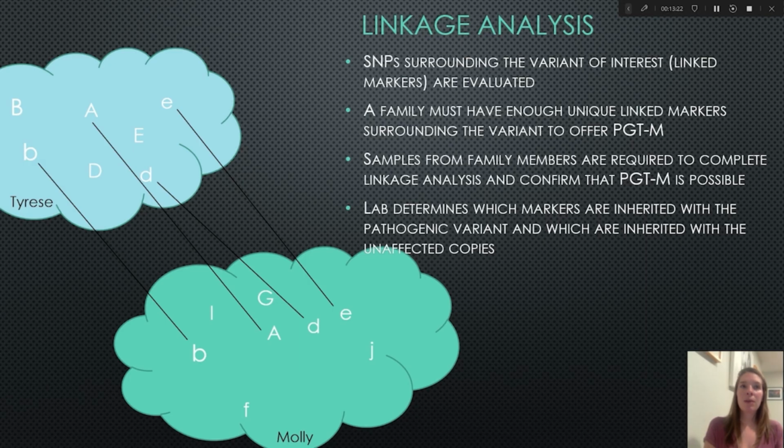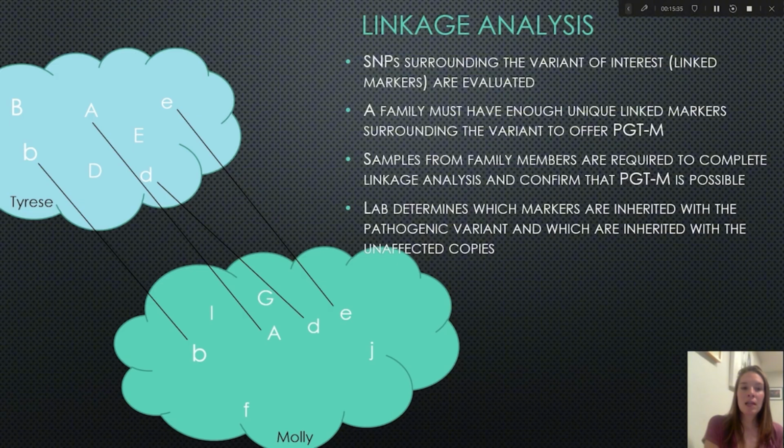Next, the PGT-M lab is going to study some SNPs that surround the variant of interest. To make things a little easier to see, I'm just going to label the different alleles as different letters in lowercase and capital. Because we know Molly is affected with SMA and Tyrese is a carrier of SMA, any SNPs that Tyrese and Molly share that Meredith does not have must travel with Tyrese's SMA mutation.